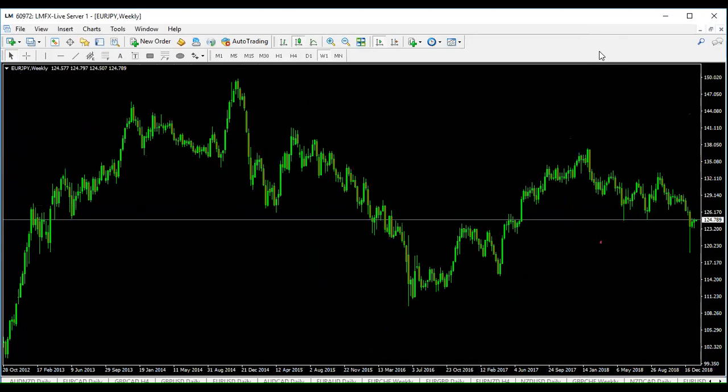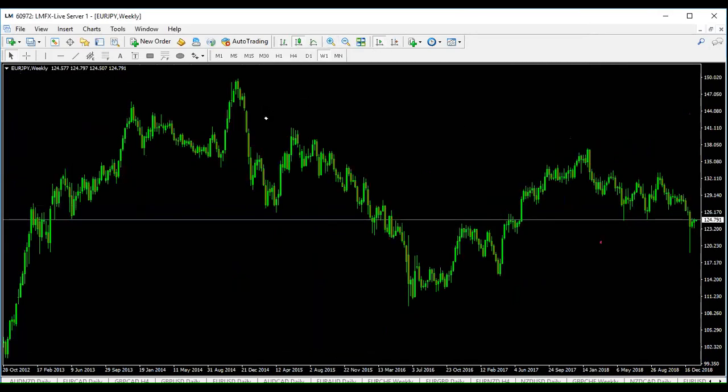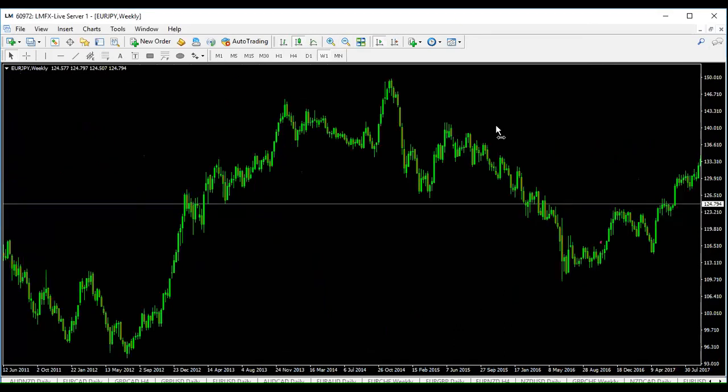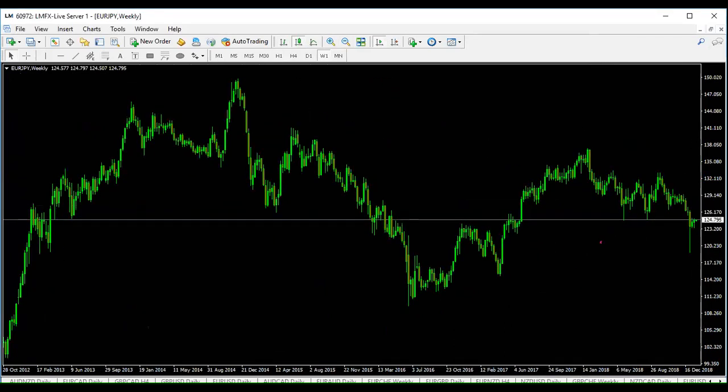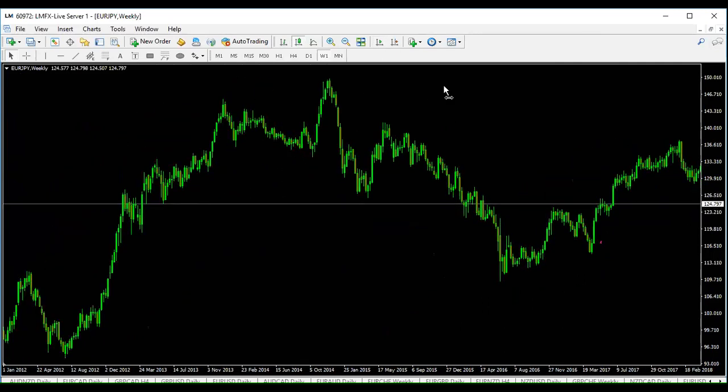Yeah, 300 plus pips in 3 days. So this was a big move, and I'm trying to find where it was. This was a potential 1,600 pip move. It was pretty insane.